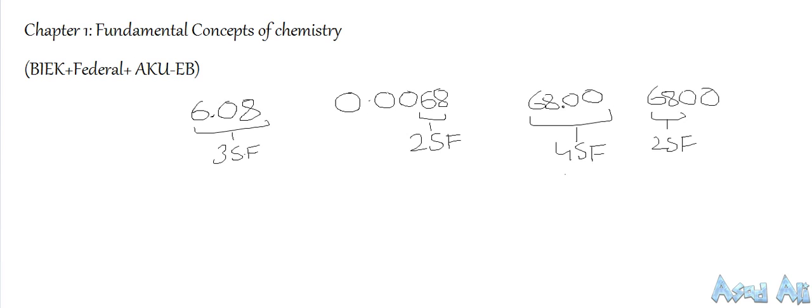If it measures in the order of units, like 1, 2, 3, 4 kg, there will be 4 significant figures. So you can determine the significant figures from the least count of the measuring instrument. Okay.